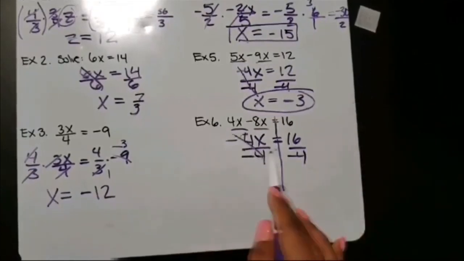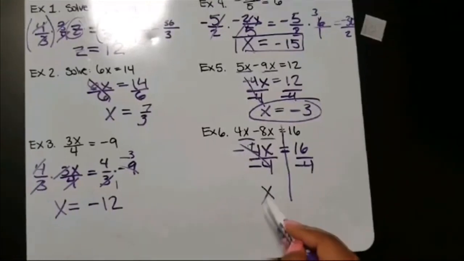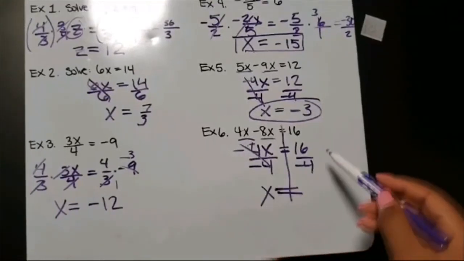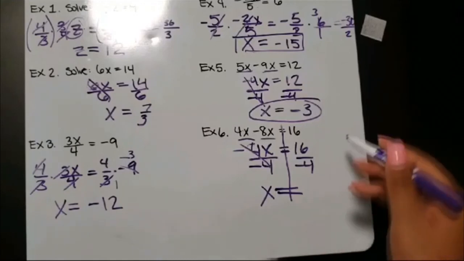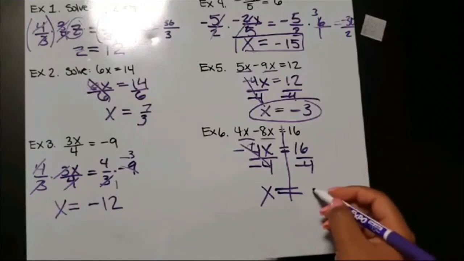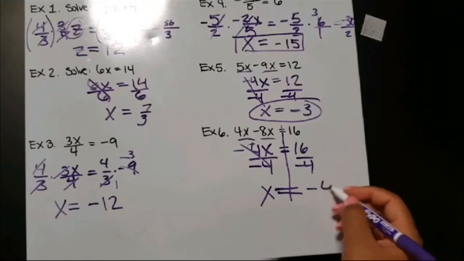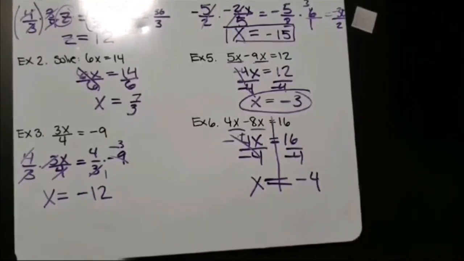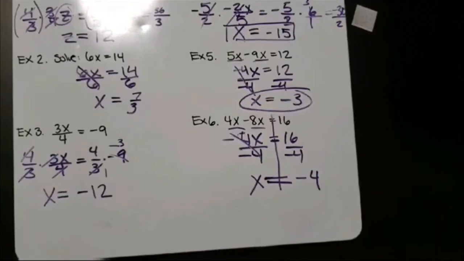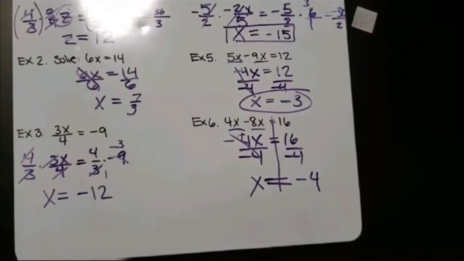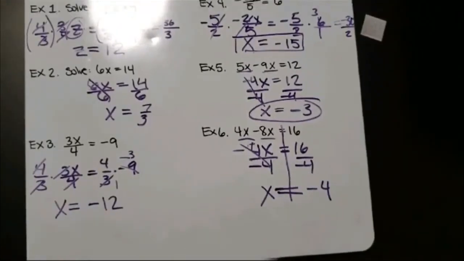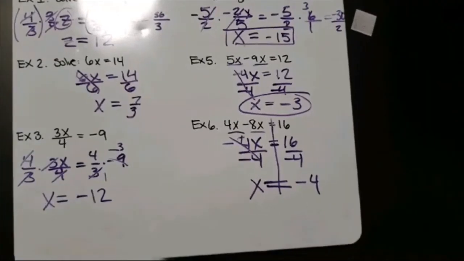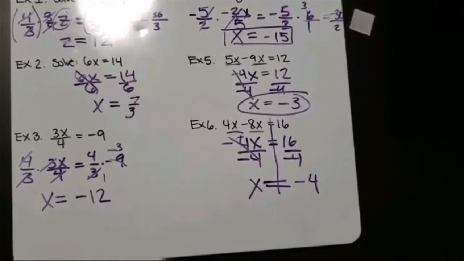Negative 4 over negative 4 is just 1. So we have x left on the left side, and on the right side we have 16 divided by negative 4, which is negative 4. All right. So make sure that each side is simplified before you start moving things across that equal sign.